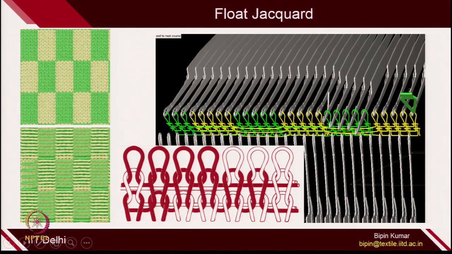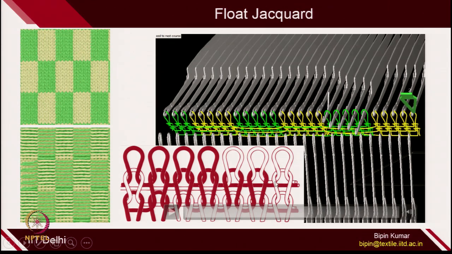If you see the fabric diagram in the form of loops, this is how it looks. You can easily see when you are creating these loops, the red yarn is visible on the surface, and here the white yarn is visible, and the red yarn is hiding behind the surface in the form of a float.